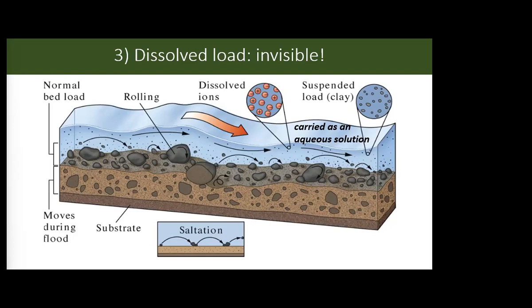But this image is actually pretty good for describing the different movements of bed load. So we have all these larger cobbles and gravels on the bottom of the channel, and they're going to move in different ways. So we have what's known as traction.